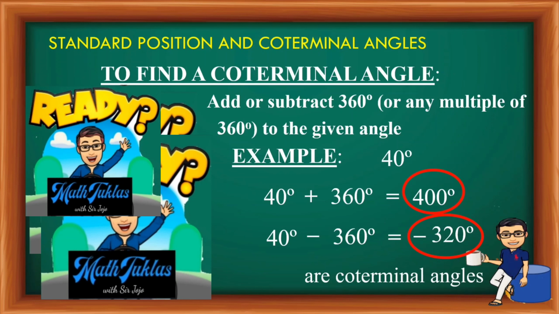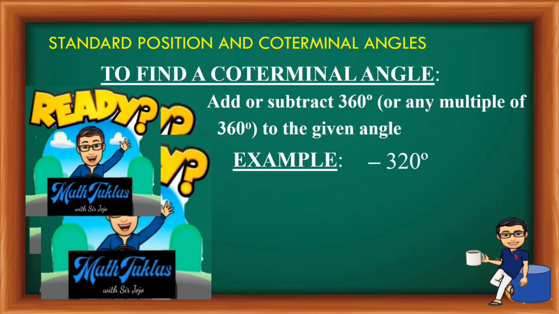So, ibig sabihin, they are coterminal angles. So, let's have another one. Consider this example. The angle theta is negative 320 degrees. So, adding that by 360 degrees, that will be equal to 40 degrees. So, again, negative 320 degrees plus 360 degrees is equal to 40 degrees.